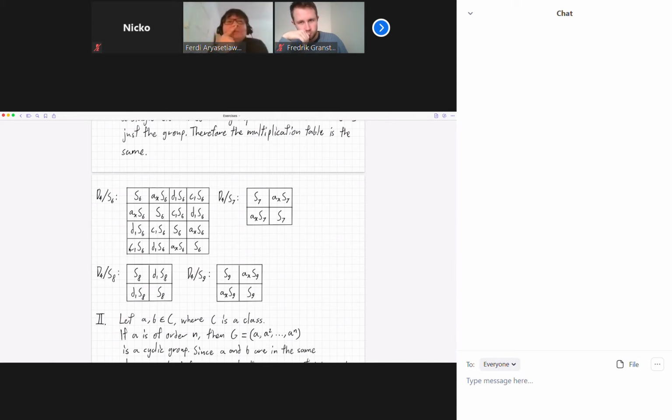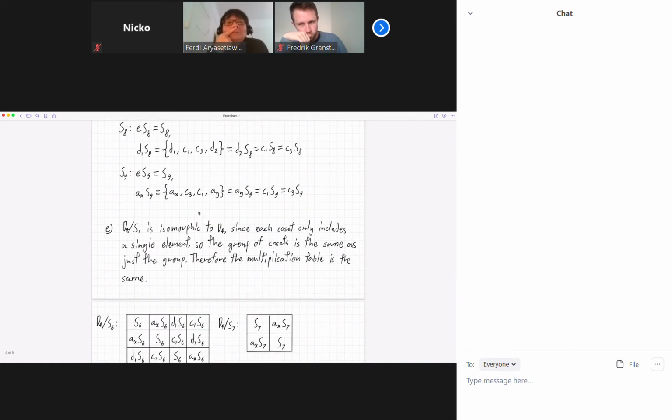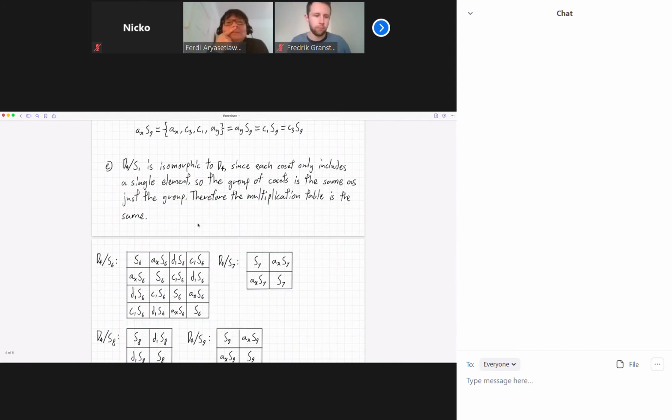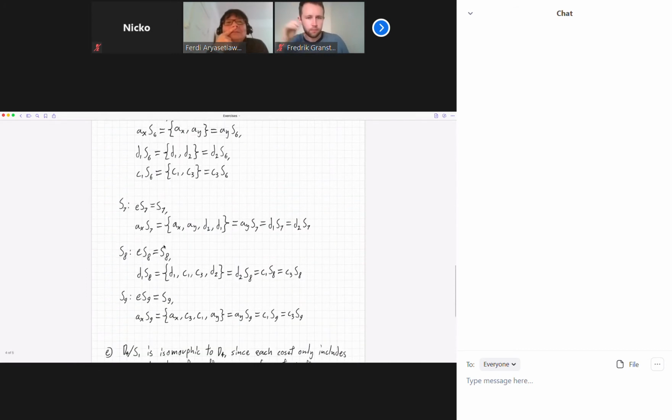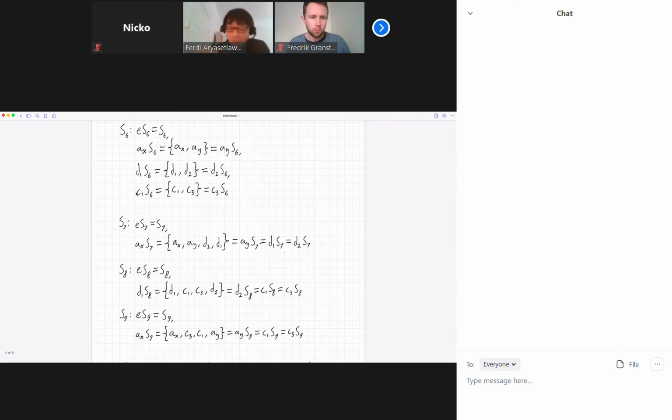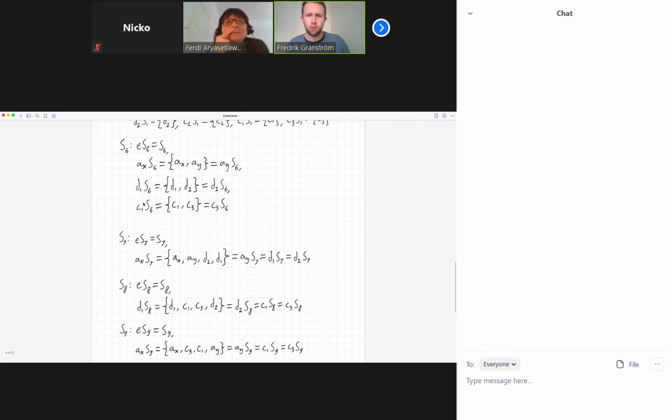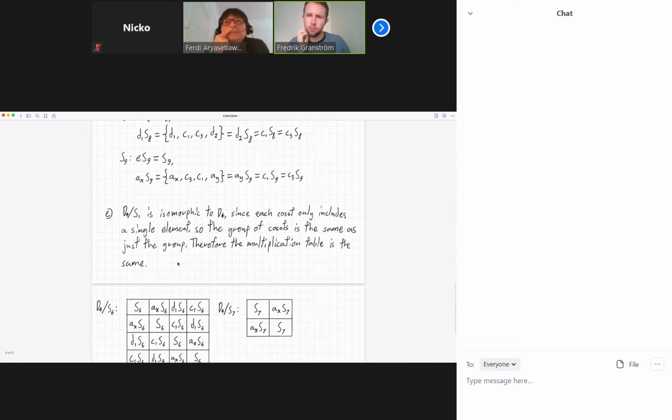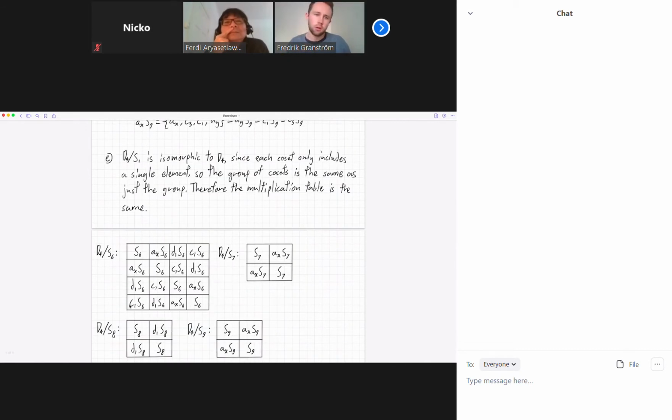Right. And C1 times C1 gives us C3, but on S6, I think I might have written this wrong. You're correct. I think because C1 times C1 is C2. Oh yes, you're right. Sorry, exactly.